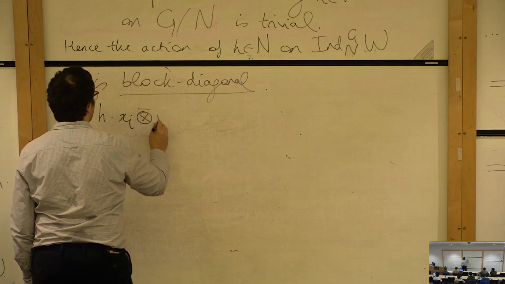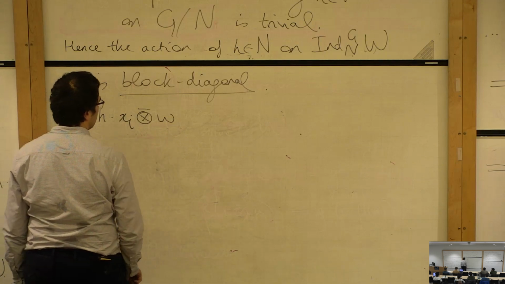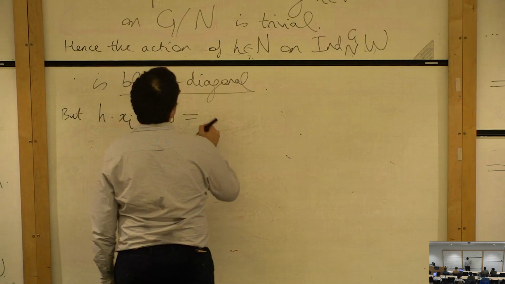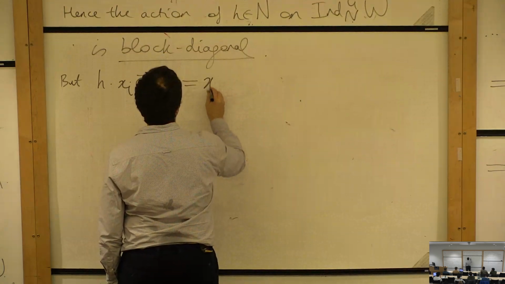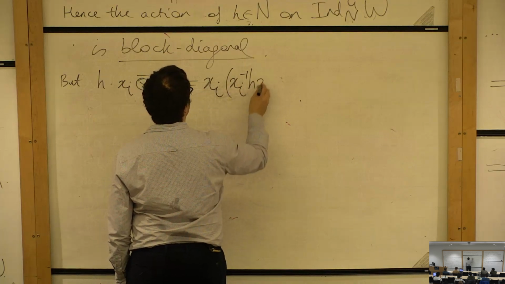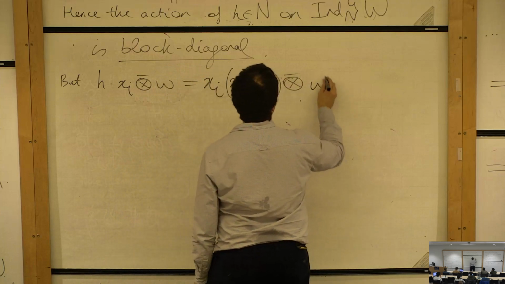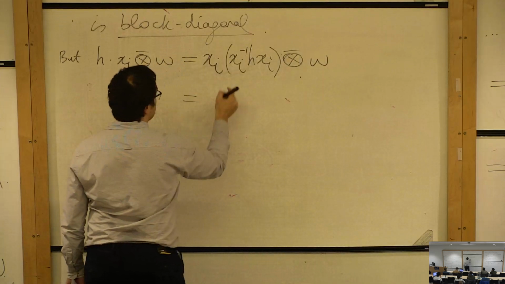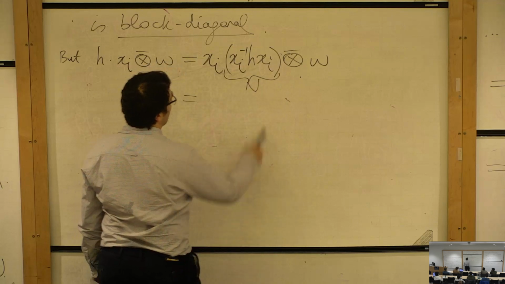If you go back to lemma 6.14, I think it was, I computed what this was. Right, this is using this calculation here. This is an N subgroup, and so I can move it across.